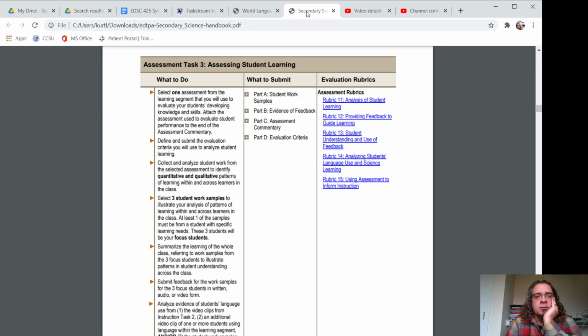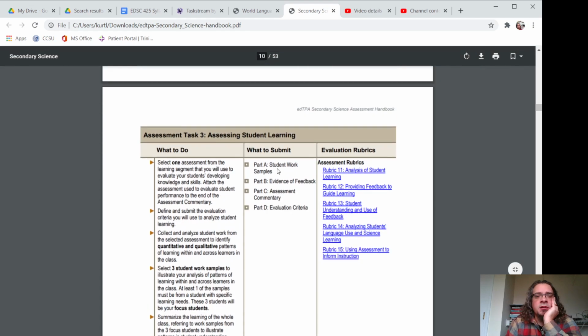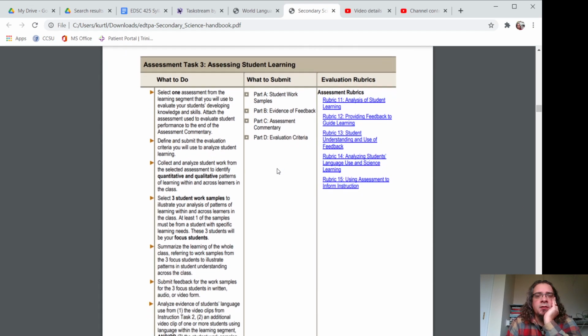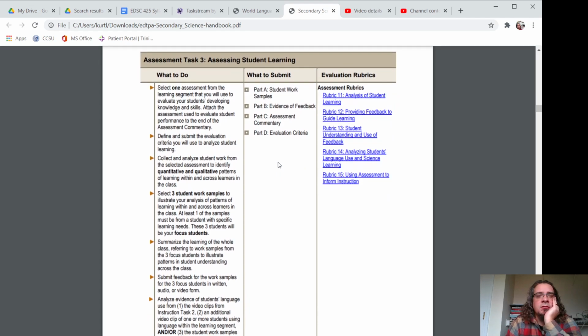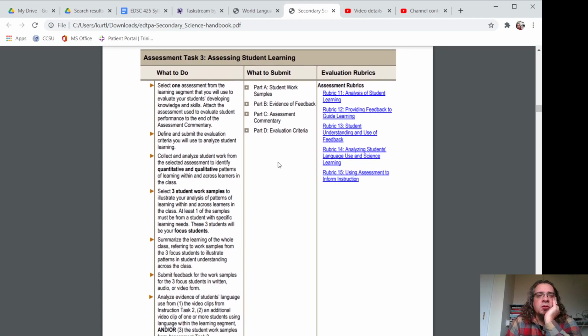Okay, so I'm again sticking with the science one as I have in the previous 2 videos. Here's an overview for task 3, right? Again, most of this stuff is pretty universal across the content areas at the secondary level, as well as the all-level classes, the specials, the arts, PE, tech ed, all of that.